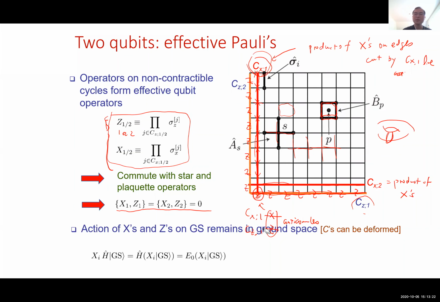Because they commute with the stabilizer, consider their action on the ground state. The state acted on is a ground state, so it has energy E0.